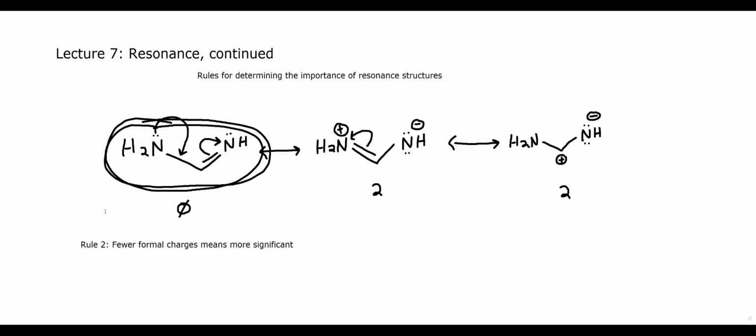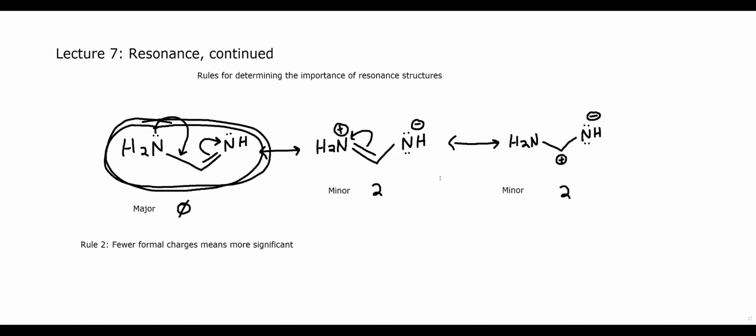Okay, this is another way you'll see this written. You'll see major contributor or minor contributors. So we'll call these, just based on rule number 2 here, minor contributors. They are minor contributors because they have 2 as opposed to 0 formal charges, and we want as few formal charges as possible.